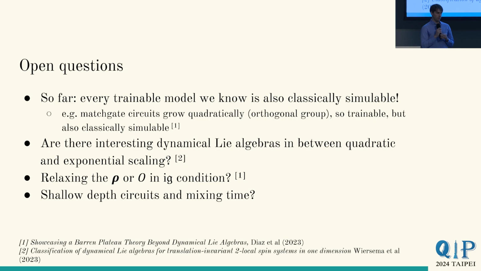I think what you're suggesting is slightly similar to that, because if you modify your initialization, you're also failing to mix to the Haar measure, at least if done carefully. So I guess the answer is yes, you could avoid Barren plateaus even in an exponentially big DLA.